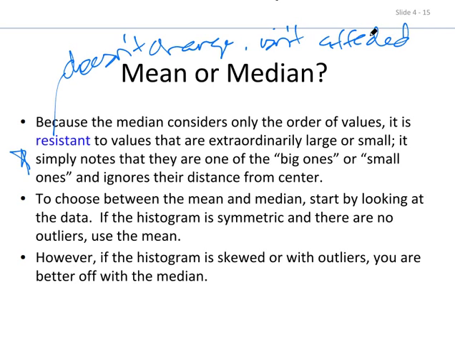The median doesn't change even if there are very big values. So when you're choosing between the mean and the median, look at the data. If it's symmetric and you don't have any outliers, then use the mean. If it's skewed, you're going to have to use the median, because those outliers are pulling the mean and will give you false information.